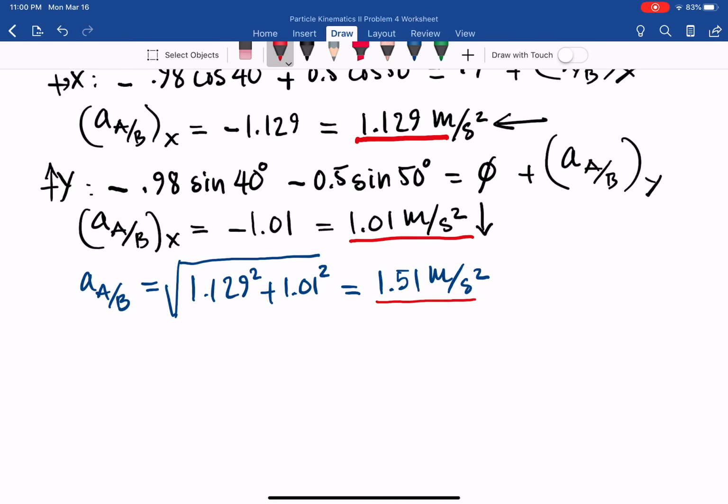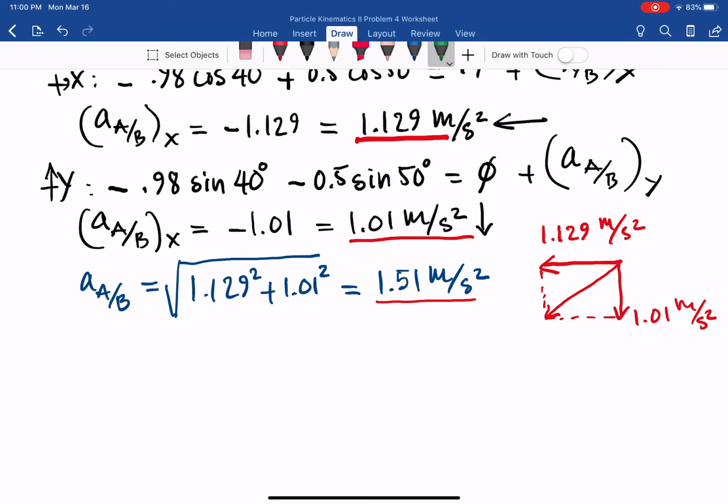Then we draw the diagram so that we can visualize the direction of this vector A_A relative to B. That one is the x component, 1.129 meter per second squared. The second component, which is y going down, is 1.01 meter per second squared. Again, it will be the diagonal of this rectangle, so we want to find this angle theta there.